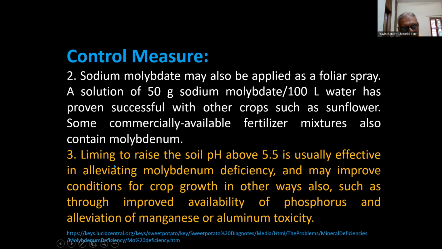Then, as I said, liming may be required to increase the soil pH. Liming to raise the soil pH above 5.5 is usually effective in alleviating molybdenum deficiency and may improve conditions for crop growth in other ways as well, such as through improved availability of phosphorus and alleviation of manganese or aluminum toxicity.